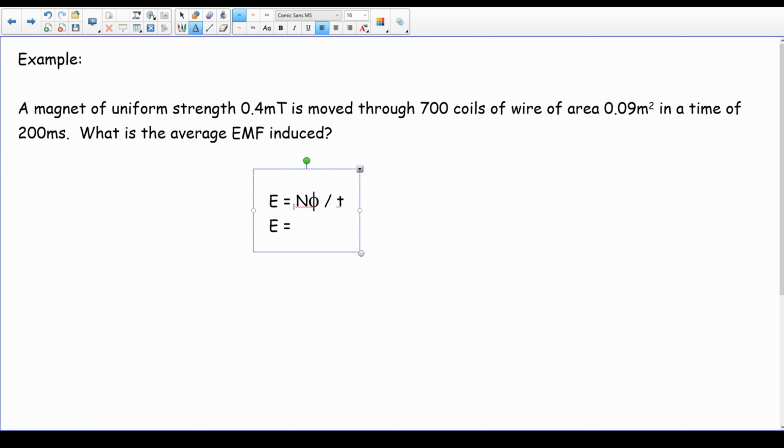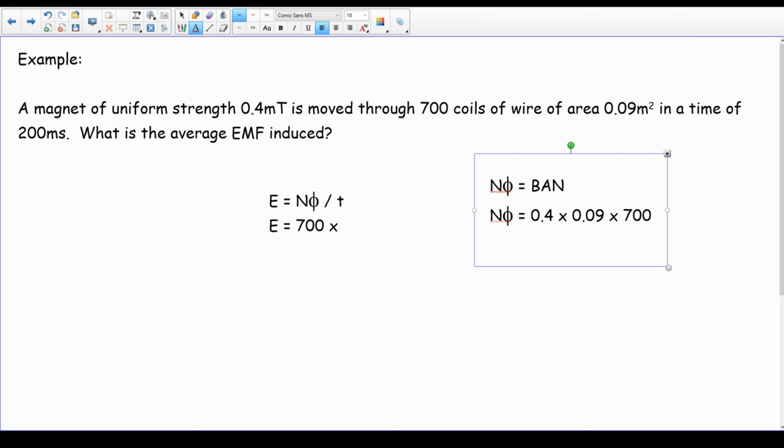So E equals 700 multiplied by, oh no, we don't appear to have phi, but we can go over here and calculate n phi, because remember that n phi is equal to BAN. So n phi equals 0.4 times 0.09 times 700. So n phi equals 25.2 Weber.